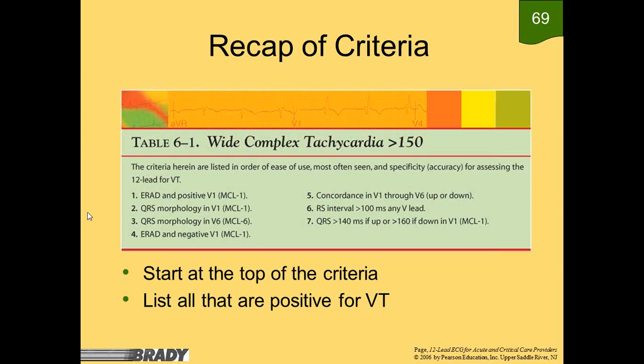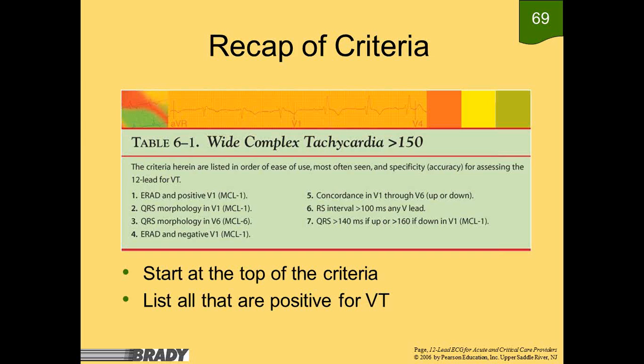We are going to look at the morphology of our QRS, or the shape of our QRS, in V1. Then we're going to look at the shape of our QRS in V6. And then we're going to look if we've got extreme right axis deviation. So we're going to have to measure our axis in all of this. And we're going to look at V1. If it's negative, then that's a finding of VTach.